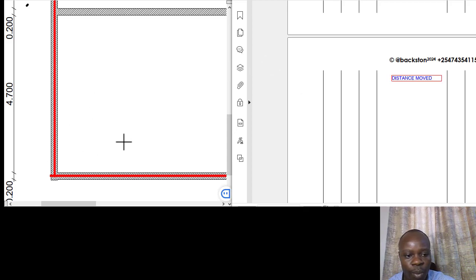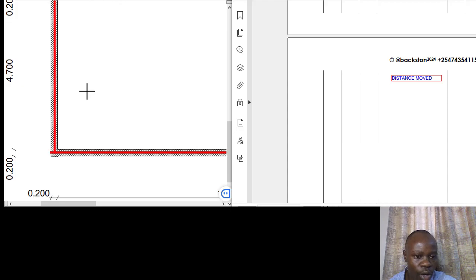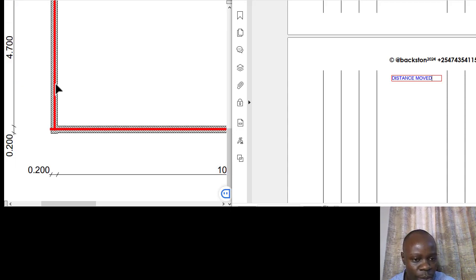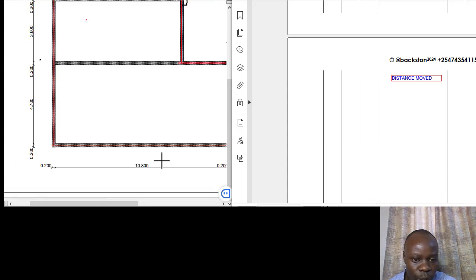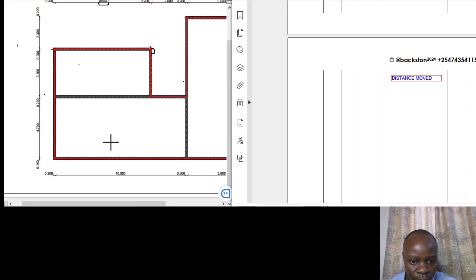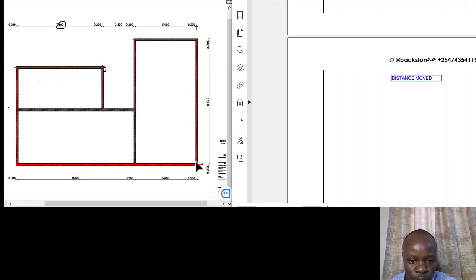The way the dimensions have been given, they have been given from the internal part. You can see there is a 10,800. Then there is also a different dimension given for the walls, which are the 200 in this case.